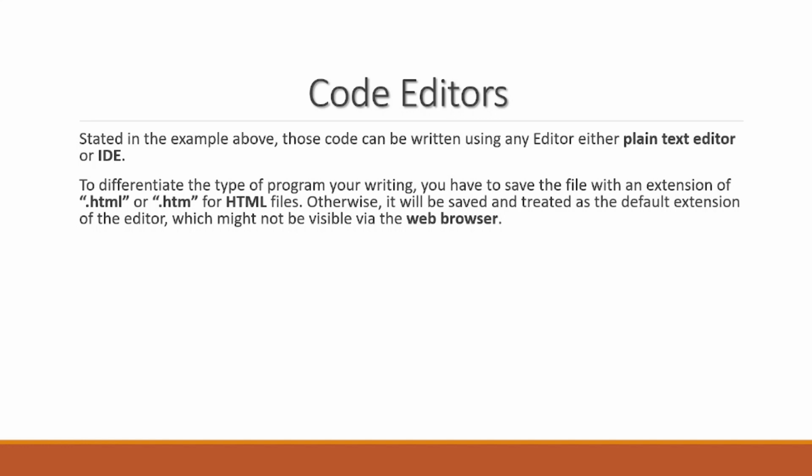Every editor has a default file extension, so if you don't specify, it will save automatically with that default extension, which sometimes might not be visible to your browser. So I will always encourage you to check well before saving.